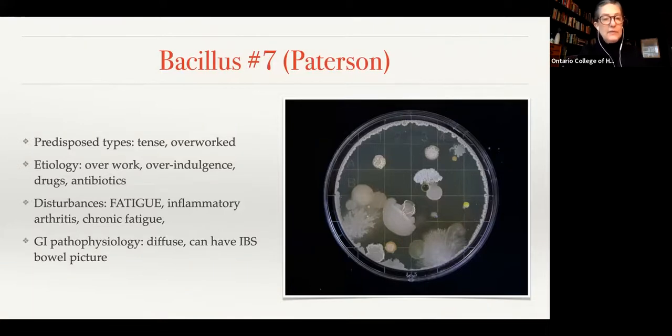This is a great remedy for chronic fatigue, a pervasive systemic fatigue. The GI pathophysiology for bacillus number 7 is diffuse. It can have an IBS, that's irritable bowel syndrome, picture, but not necessarily so, a bit hard to identify.